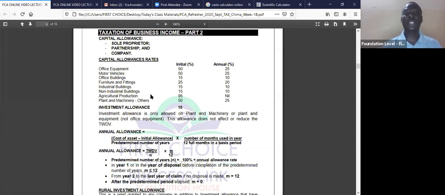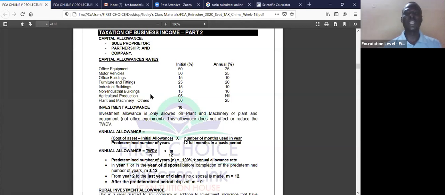But mind you, let's say August, because we use August for the initial allowance. That means 5 months. Now, mind you, initial allowance, you are taking the whole initial allowance 50% off. So you bought the truck for 10 million, you've taken 5 million as initial allowance. That's good. The remaining 5 million will be spread over 4 years. So 5 million spread over 4 years is 1.25 million that you'll be taking every year.